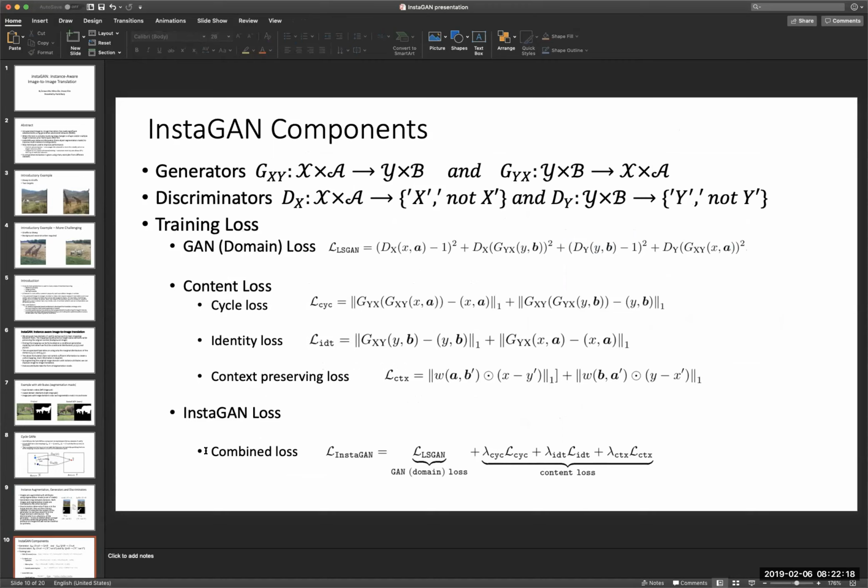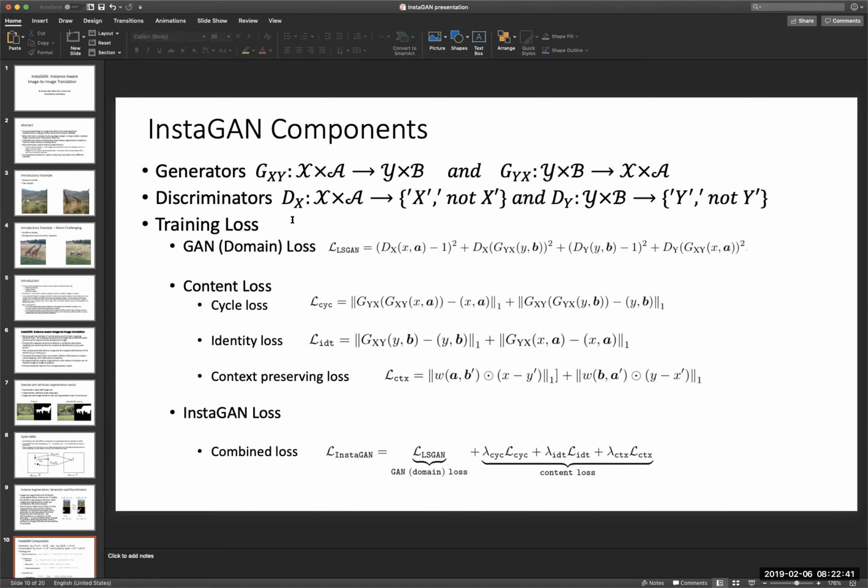More terminology that we'll need to actually build the network. So we talked about the generators, G_XY and G_YX, and their inputs and outputs. The discriminators, DX and DY.